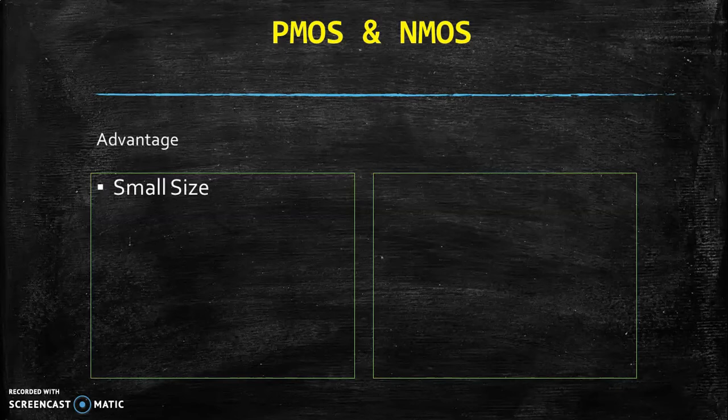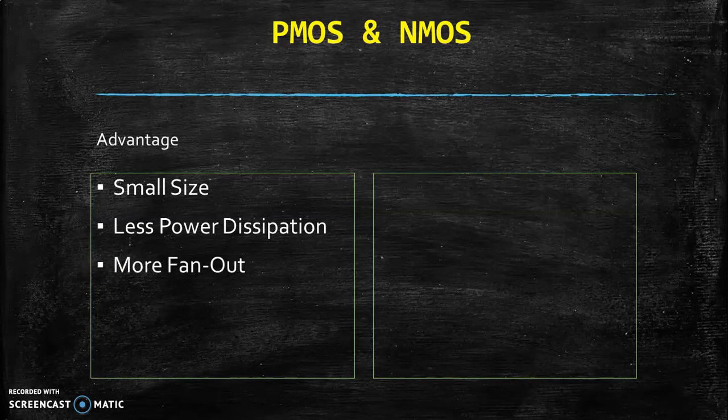The size is very small. Power dissipation is quite less. The fan out is more when we use either PMOS or NMOS. Cost is cheaper.